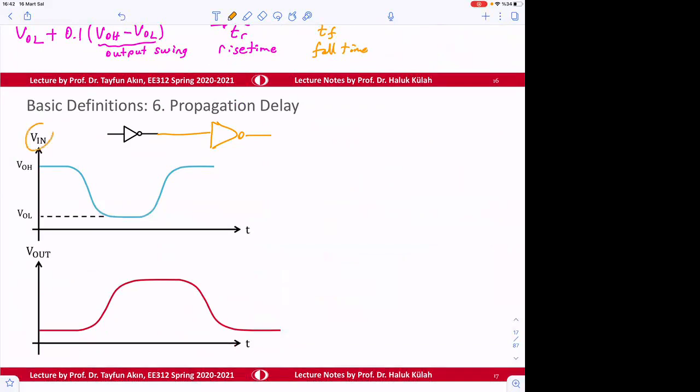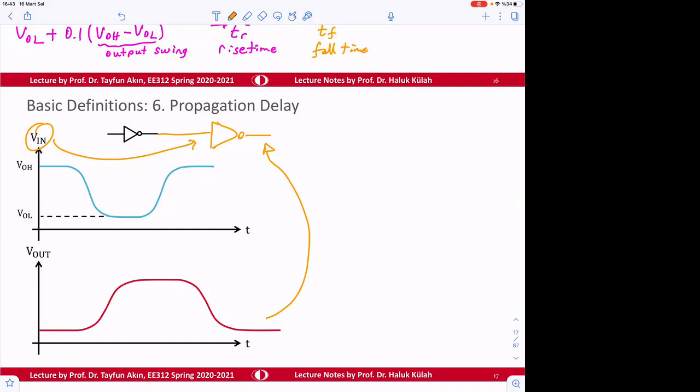So the input of this gate is like this, and the output is going to be like this, okay? So therefore, we cannot really look at the signal like this. So 10% to 90% maybe is not going to be very useful for this kind of case.